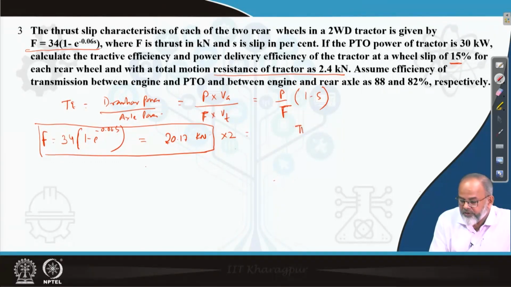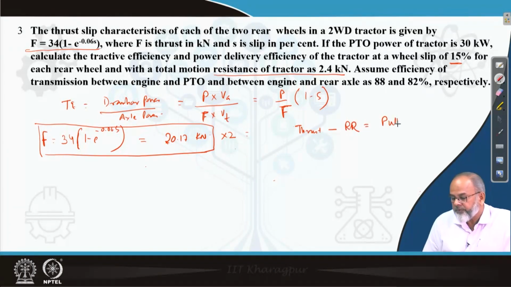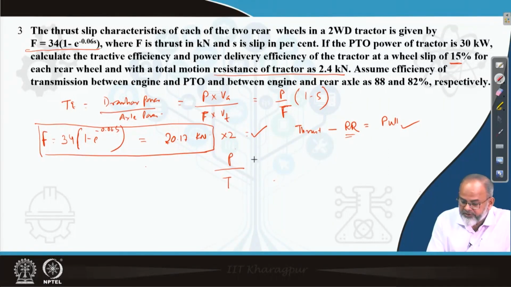So thrust minus rolling resistance will give you total pull. You got the thrust value from this and rolling resistance value is given, so you can find out pull. Now pull divided by thrust into 1 minus S will give you directly the tractive efficiency.